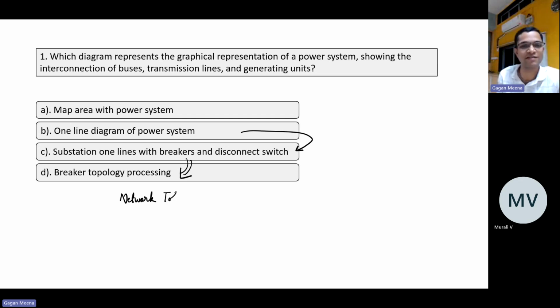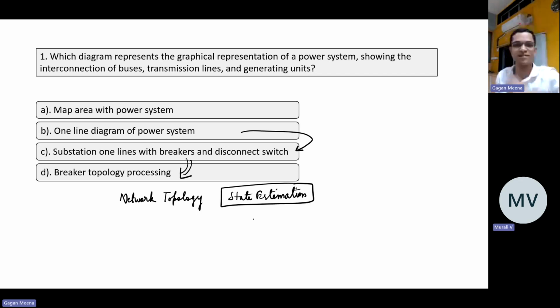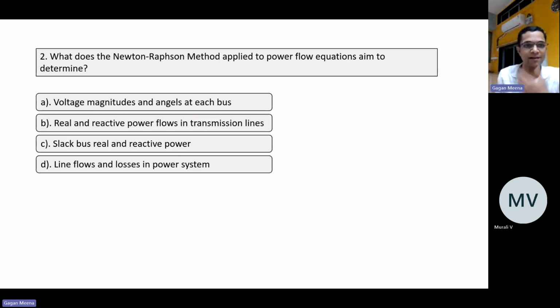State estimation is an essential part of any control system. Any SCADA or control system which we have in NLDCs, RLDCs, state estimation is the backbone of it, and the first step of state estimation is topology estimation. It's a very important step.